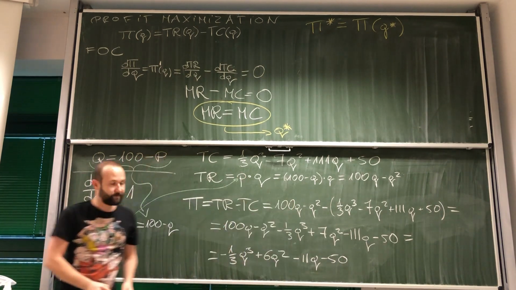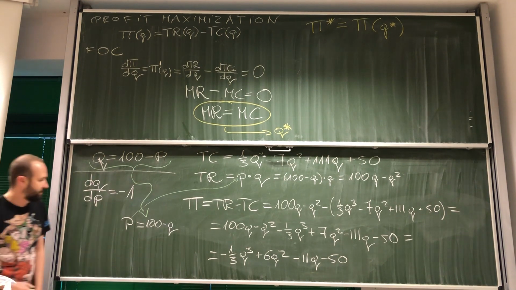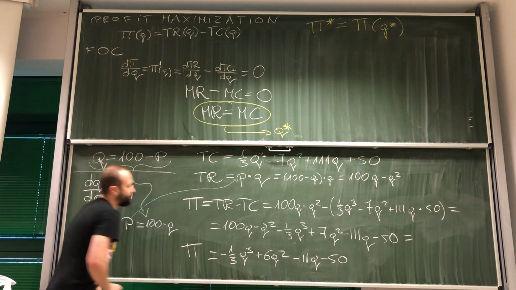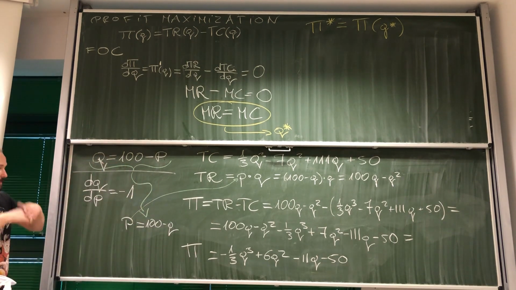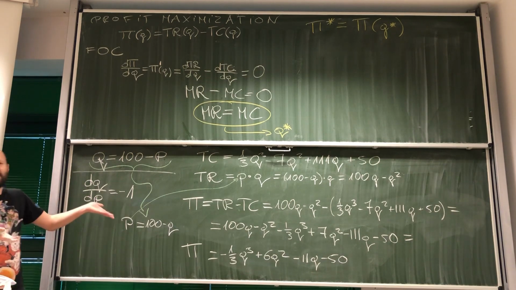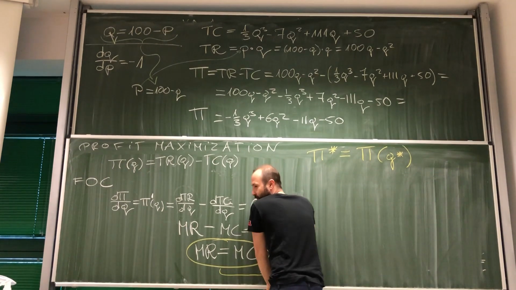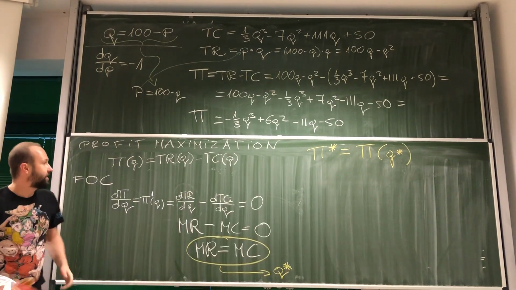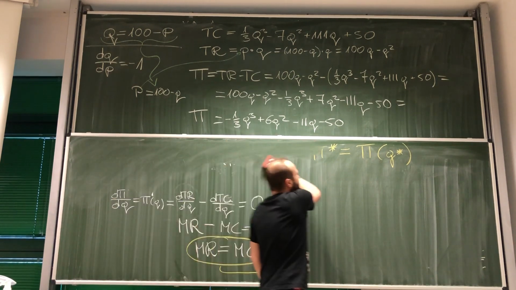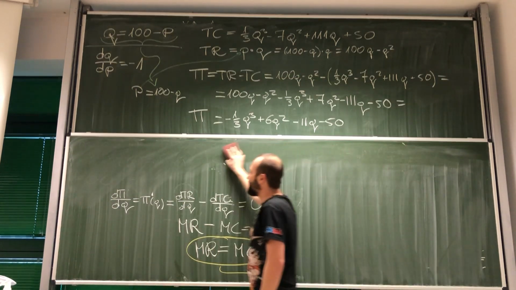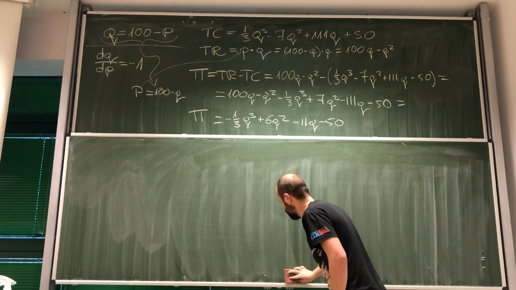Okay, now that we have the profit function, because this is our profit function, right? What can we do? Now we need to simply find the level of production for which this profit is going to be the highest. And of course, we need to start by calculating the first order condition.